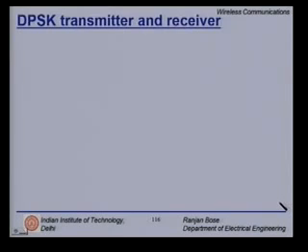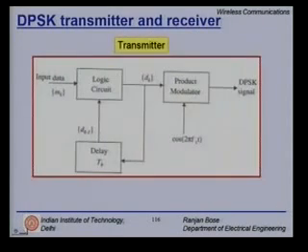Let us talk about the DPSK transmitter and receiver. So the transmitter is fairly simple, exactly doing the encoding process we discussed a while back. Input data comes in, it's a sequence of 1s and 0s, it's binary. There's a logic circuit and you get d_k. If you pass it through a delay, you get d_(k-1).